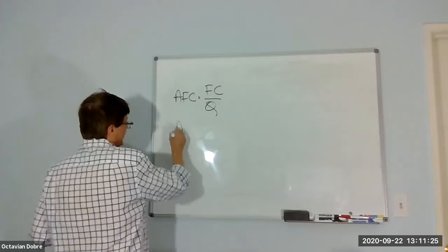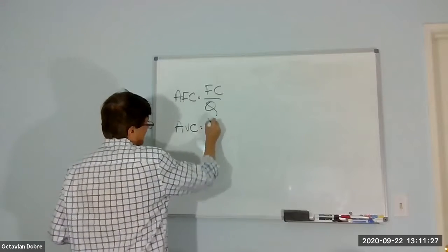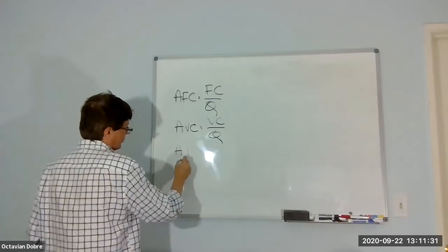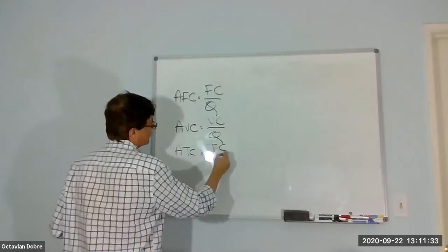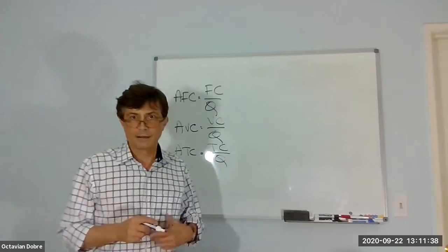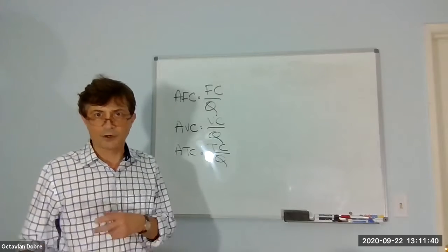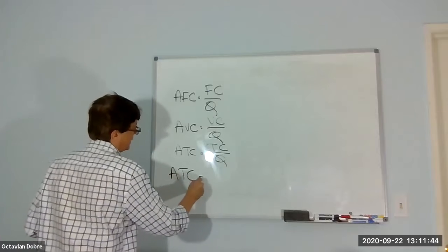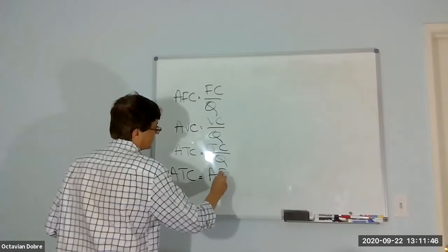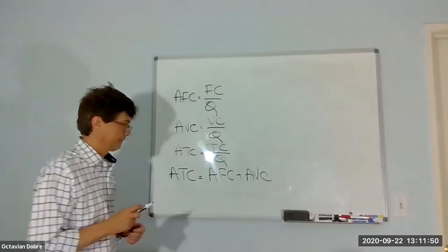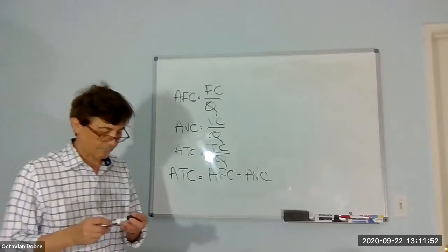Now, average variable cost is variable cost divided by the output, and the average total cost is total cost divided by the output. And here in this situation, we also have the equality that average total cost is equal to average fixed cost plus average variable cost. Okay.